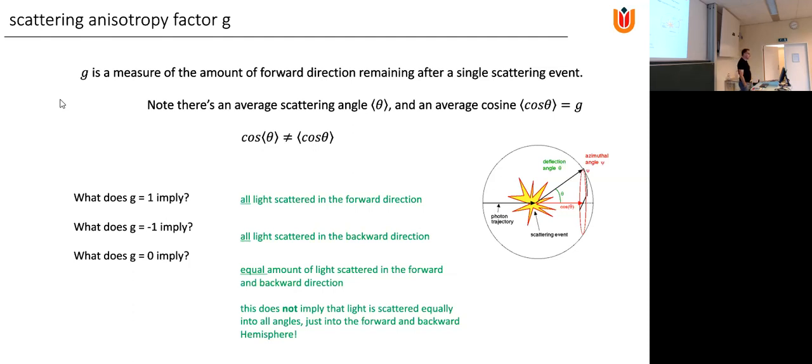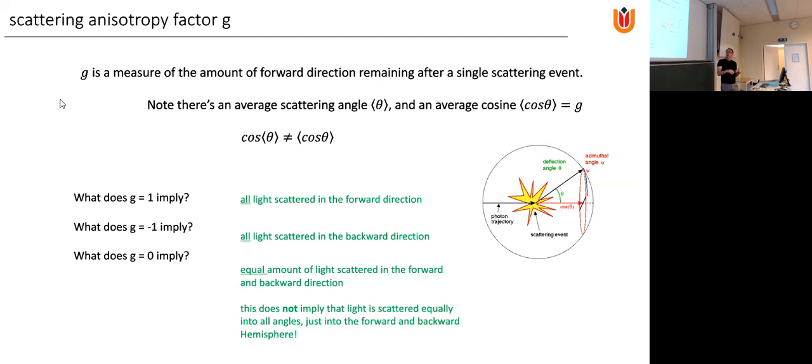Because it's cosine, it has a value between -1 and 1. There's a couple of things to keep in mind here. It is cosine theta, so you have scattering in a given direction. Theta is the angle between the incident direction and the outgoing direction.